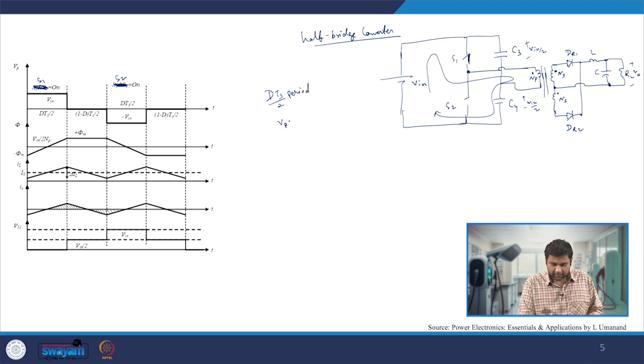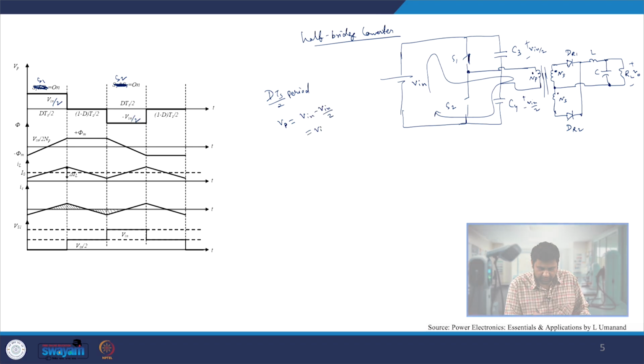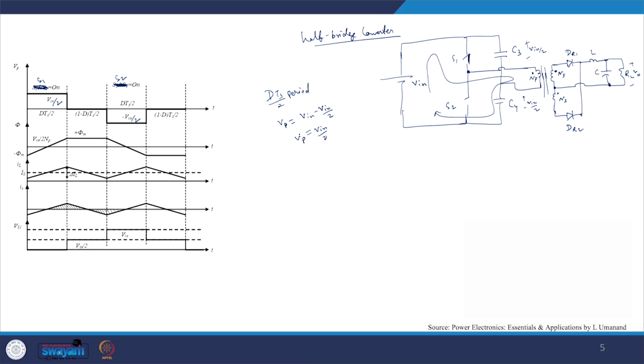My Vp is nothing but equal to V in by 2, this V in minus V in by 2, which is nothing but V in by 2, which is applied across the Vp, and that V in by 2 will be coming across this one here.